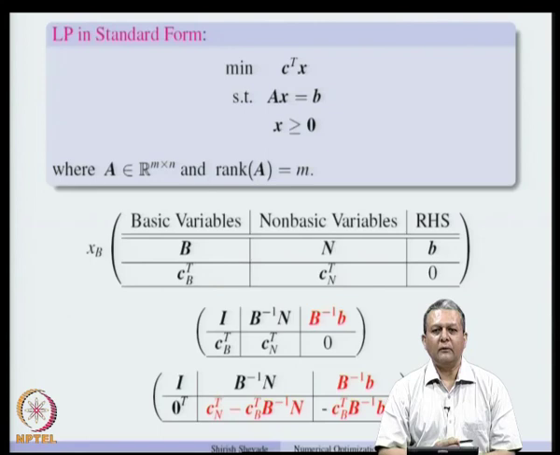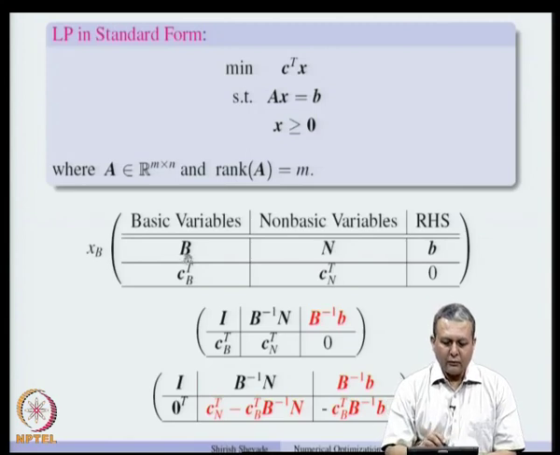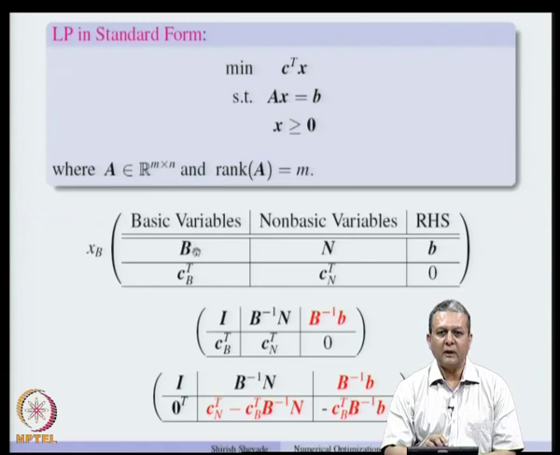So, which will be denoted by a vector c_N transpose minus c_B transpose B inverse N. When we consider this matrix and multiply the first m rows by B inverse, then we get the identity matrix in the place of B, and then B inverse N and B inverse b.